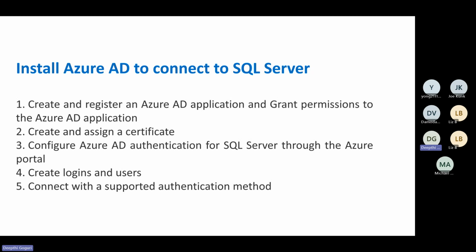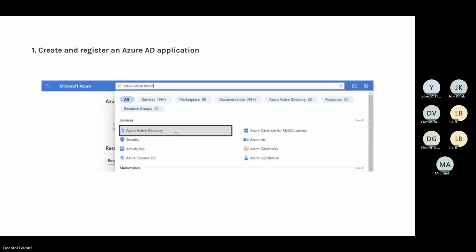And then you need to create and assign a certificate, configure Azure Active Directory authentication for SQL Server through the Azure portal, and then go ahead and create the logins and users and connect with a supported authentication method. That's the last step of how you can connect from your on-prem to Azure. From here, we are seeing how to do this manually.